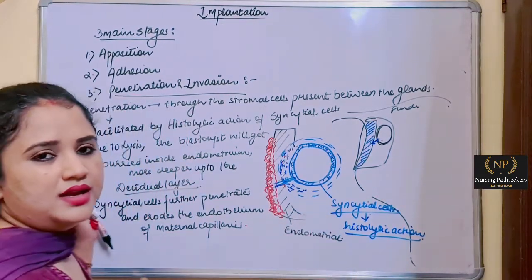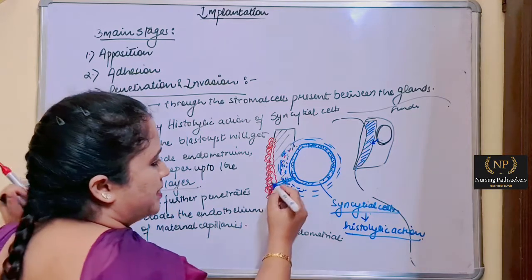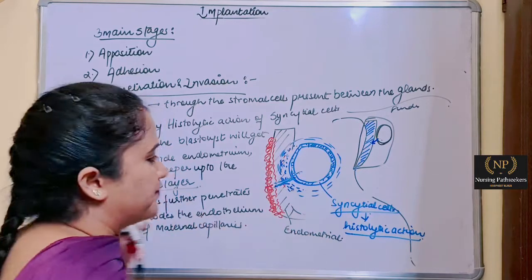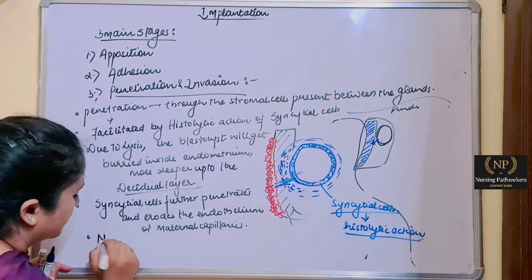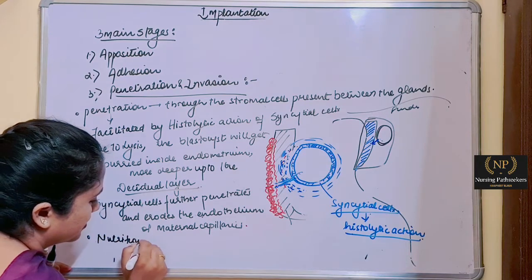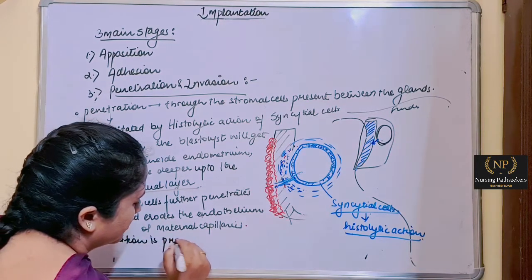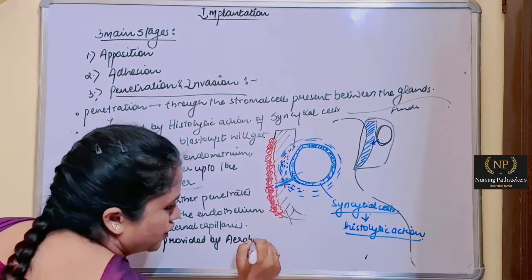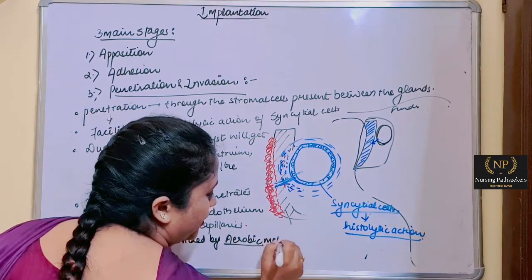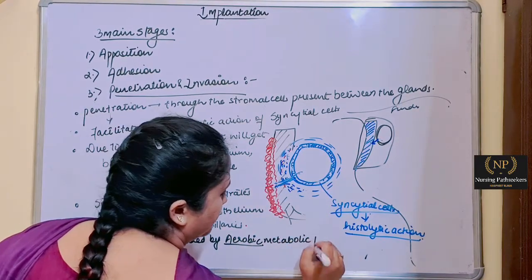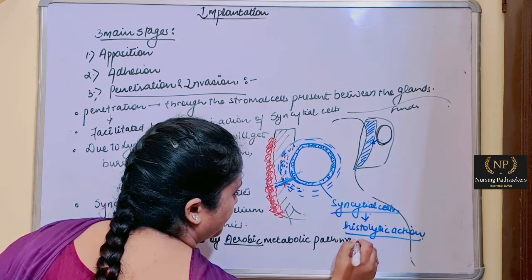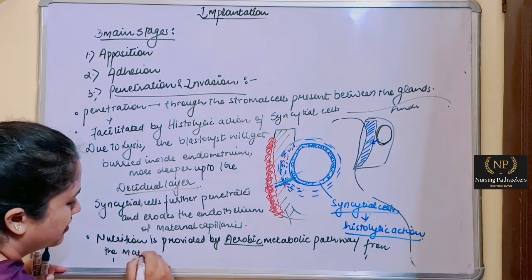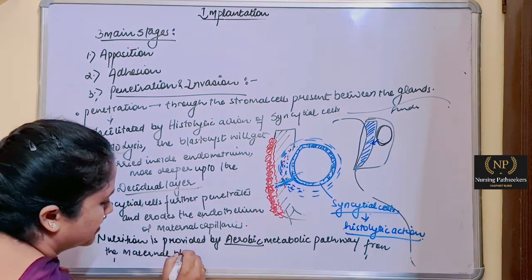Now, what is a lacuna? It is a cavity. Now the maternal blood will start flowing inside this blastocyst. So here the nutrition is now provided by the aerobic metabolic pathway, in the presence of oxygen, from the maternal blood.